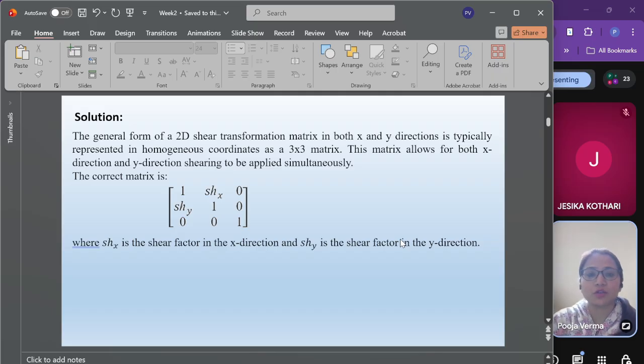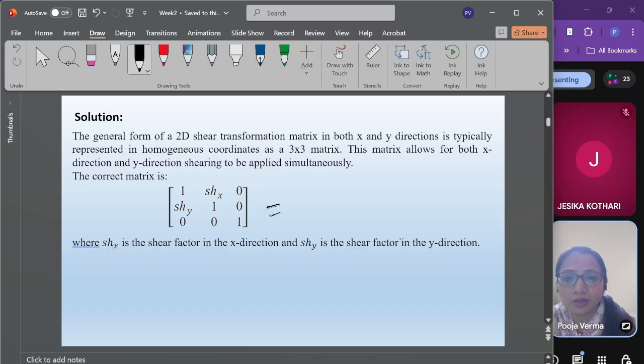The general form of the 2D shear transformation matrix in both x and y directions is typically represented in homogeneous coordinates as a 3 cross 3 matrix. We can represent it in non-homogeneous coordinates as well. So how can we represent it in non-homogeneous coordinates?